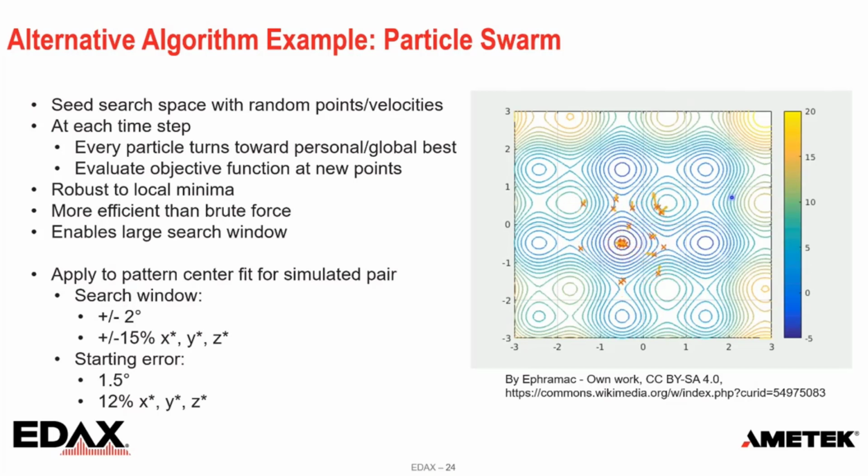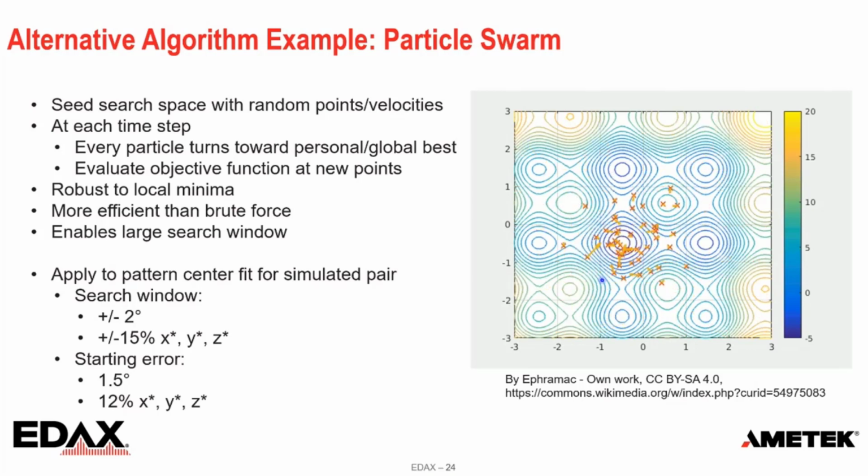You throw a bunch of random points to test, give them all a random speed and direction, evaluate the function at each one, and then at each time step, each particle moves. It turns towards the best point that has been found so far.